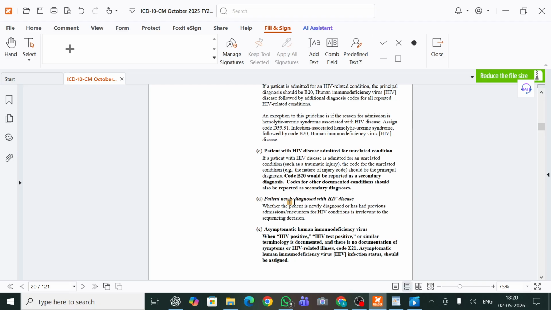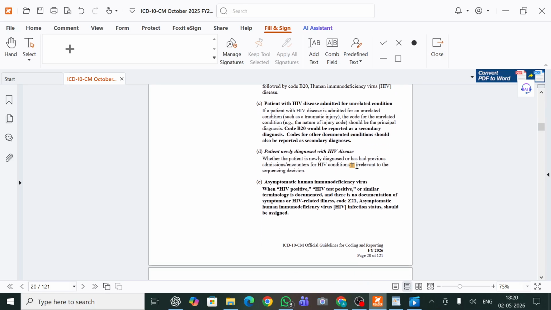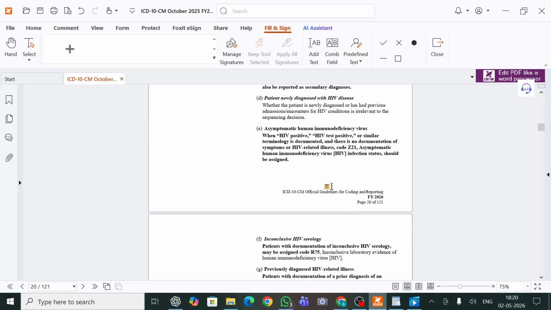At that time we will code B20 and secondarily their symptoms, because they are unrelated to the AIDS. Fourth one, patient newly diagnosed with HIV disease. For example, the patient comes to hospital and the doctor directly diagnoses this as HIV disease. At that time also we will code B20.